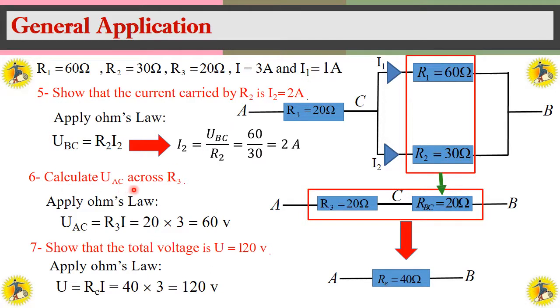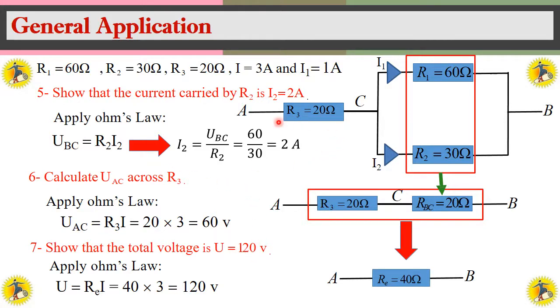Calculate UAC across R3. We have the total current I and R3. So we will multiply 3 by 20, we get 60 volt. So that the total voltage U is 120.